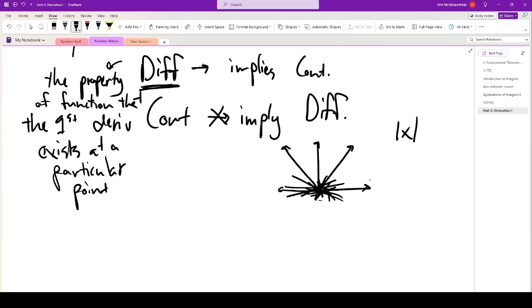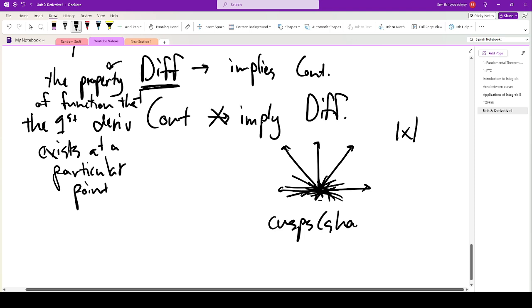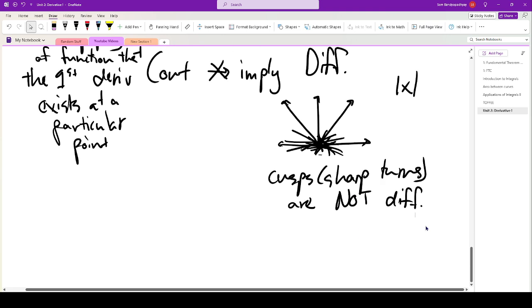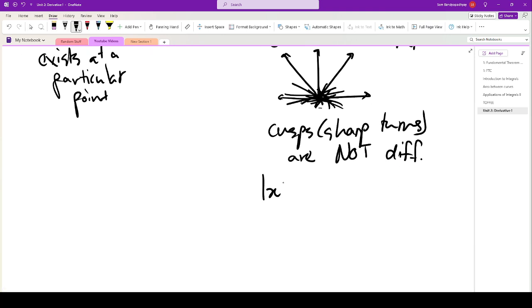So how do you know which one to look at to take the derivative? The derivative operates on the assumption that there's only one tangent line, because that's the tangent line you're taking the slope of. And the answer is you can't. So cusps, or sharp turns, are not differentiable. And this is more clear when you actually break this down into its components.